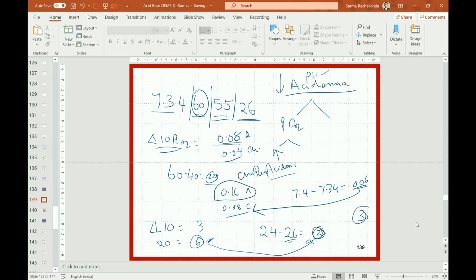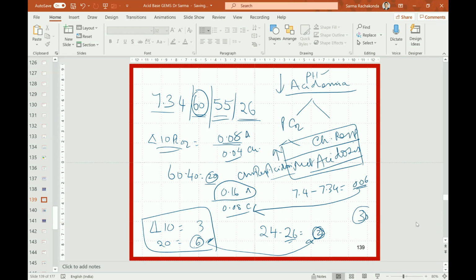That means the bicarbonate is on the lower side compared to what is expected from this calculation. When the bicarbonate is lower, bicarbonate is always metabolic. Bicarbonate lower means acidosis. So what happened? This is a patient with chronic respiratory acidosis with metabolic acidosis.